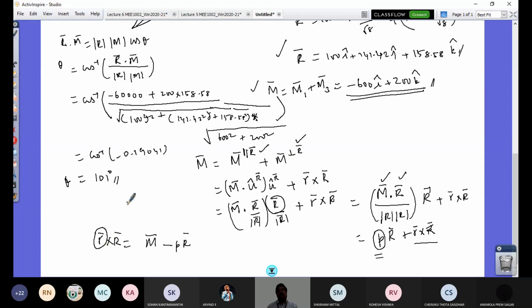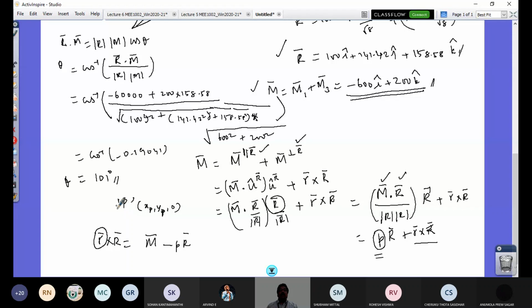I would shift this force resultant and the collinear couple parallel component to another point, say point P, whose coordinate is xp, yp, 0. So two unknown coordinates, and one should be 0. So if I take it like this, I would be able to get it. So what is this position vector?